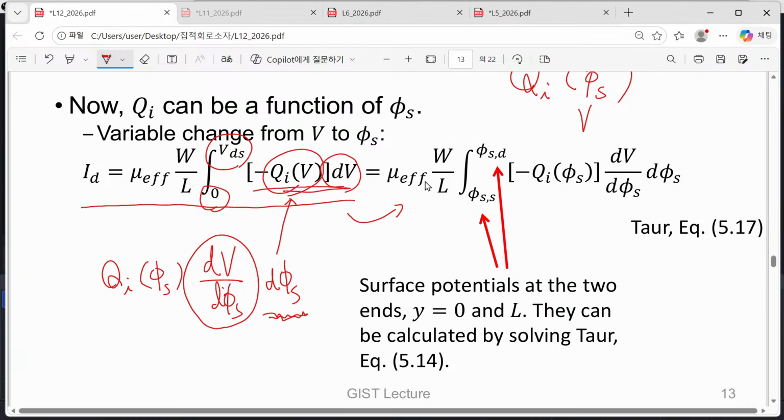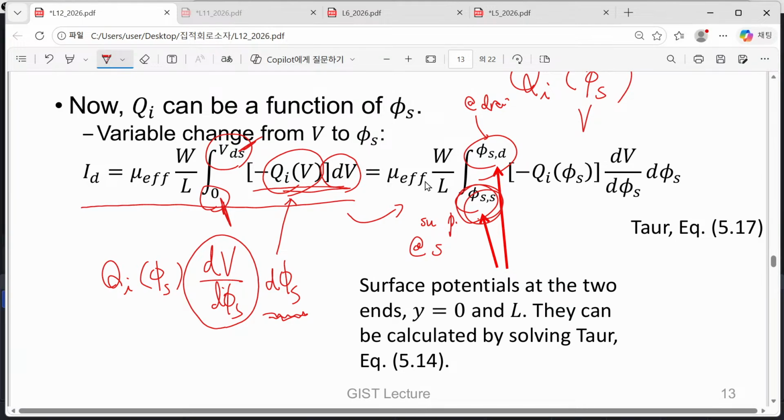Previously, our lower and upper bounds were source voltage and drain voltage. But now the surface potential at the source side and the surface potential at the drain side are required. This one is exactly showing that information. They are used as the lower and upper boundaries.